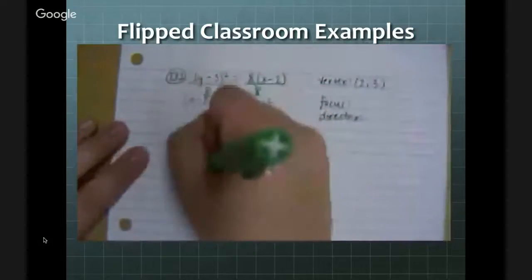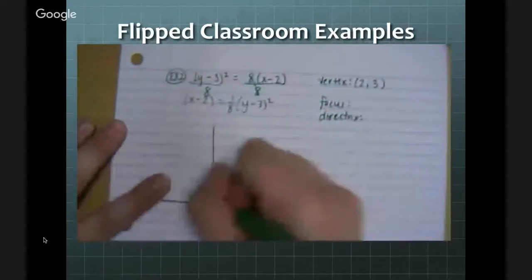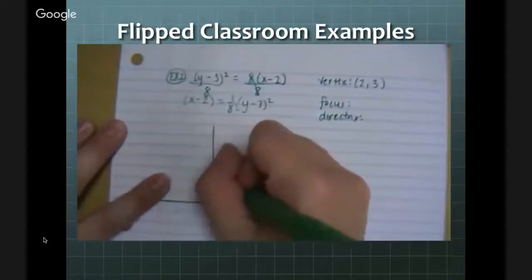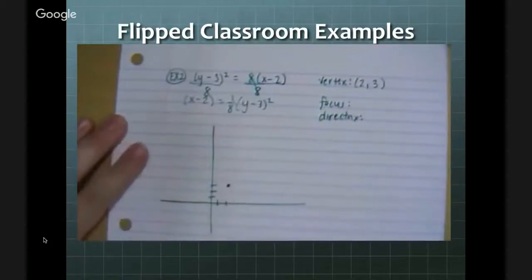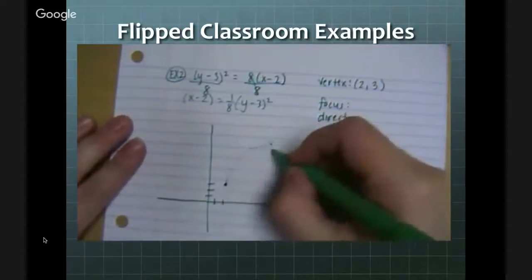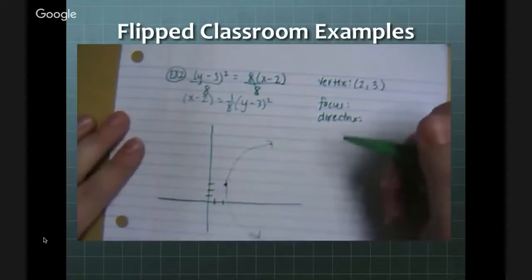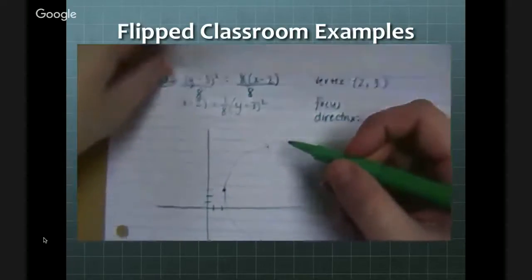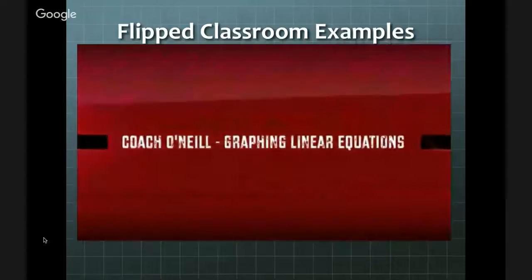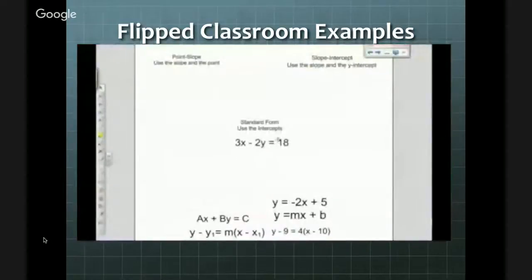Okay, so let's graph what we have so far. So 1, 2, 1, 2, 3. There's the vertex. And I know it's opening So again, you have the option of just to the right because using a video camera and recording what you're writing. I like standard form. Standard form is where X and Y are on the same side. I like it.